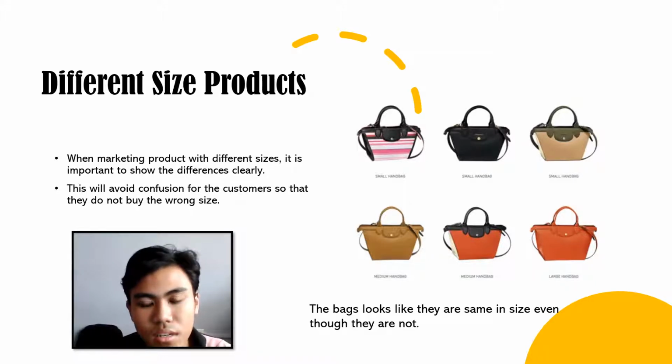From the picture, we can see that the size of the bags looks the same, and the only way to differentiate the sizes is by reading the small text below it. From the picture, we cannot differentiate the size clearly, and this will cause confusion for the customers. So, we need to show the differences in the size of the product clearly when marketing our product.